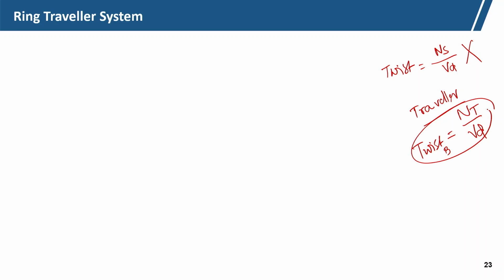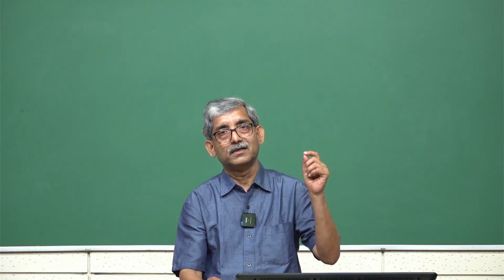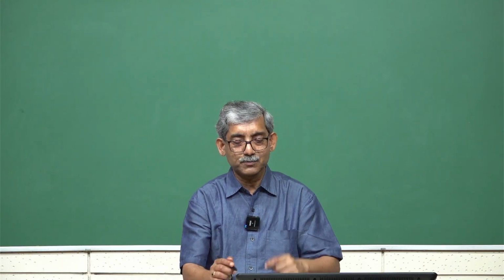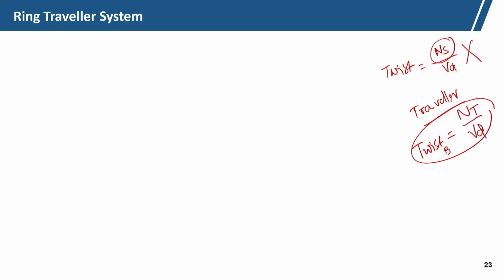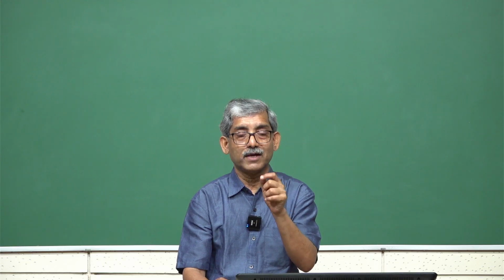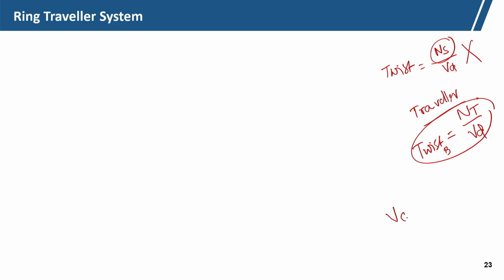And here we will see the traveller speed. Spindle speed is always constant, but traveller speed changes depending on the ring bobbin diameter. So, Vd equals pi dB, bobbin diameter, into (ns minus nt).